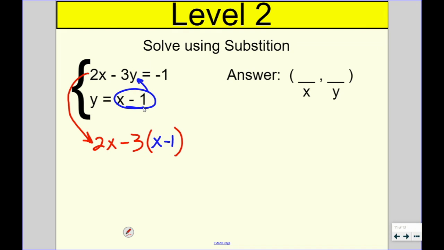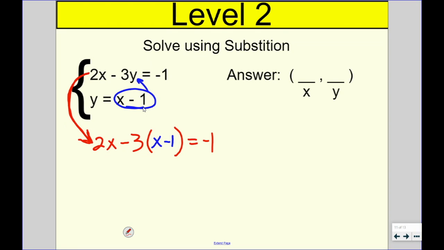Instead of y, I'm writing x minus 1 because that's what y is equal to in the next equation. So I'm going to finish writing this first equation, 2x minus 3 times y, but we put x minus 1 instead because we're substituting, equals negative 1. So I rewrote this first equation right down here with x minus 1 substituting in for the y.